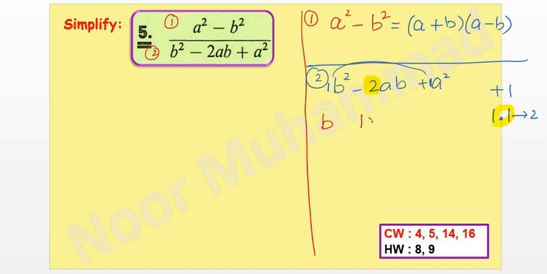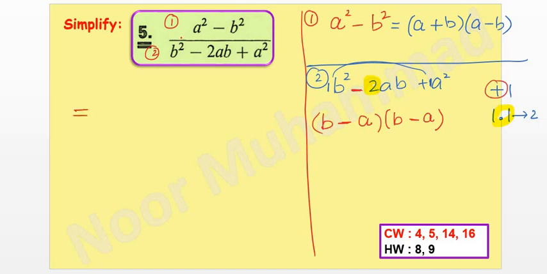So 1a actually means a. The other bracket will again be b. And this one will be 1a, that is a, so we will write it as a only. Now which signs will go? Negative sign here, the middle one, and here again the same sign because it's positive. So this is the final answer for this one.